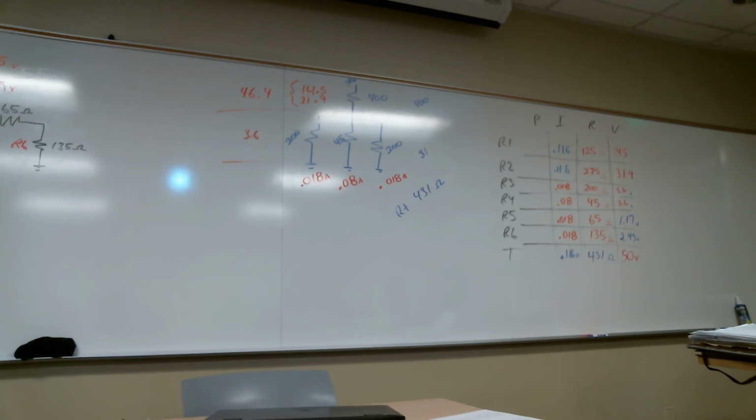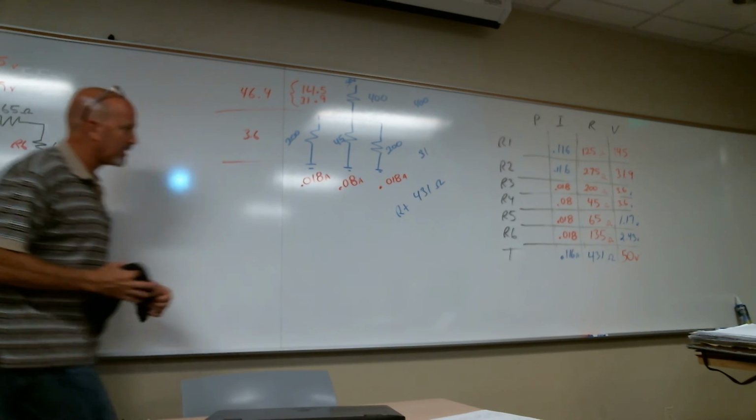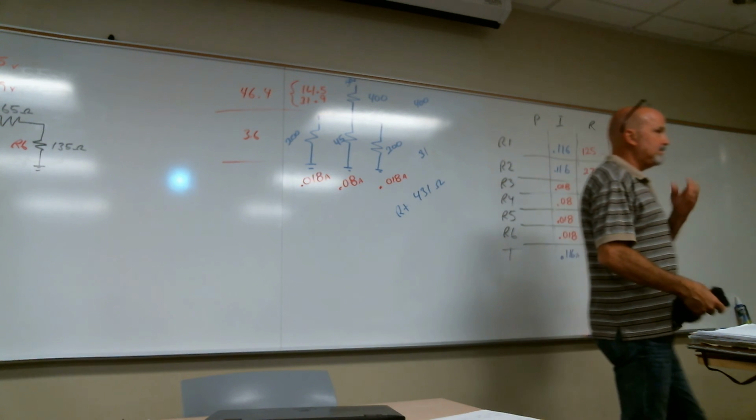No, that's 31.9. If you take 0.116 times 275, what do you get? 31.9. My calculator is on the fritz. It's the calculator's fault. I erased this 3 times. It's overheating.